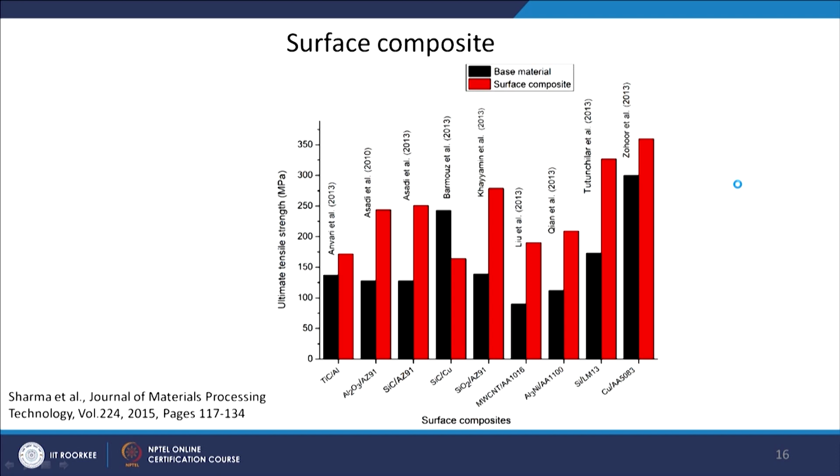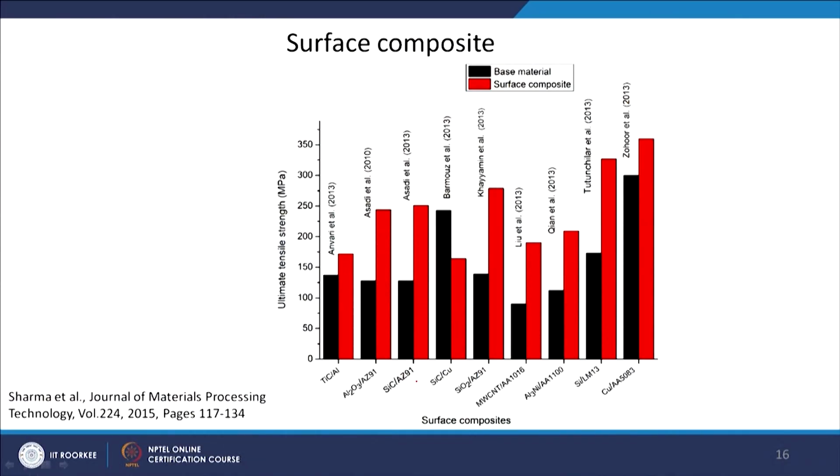This compares, from a review paper, different combinations of matrix material and ceramic particles, and what kind of strength you will be able to achieve. The black one is showing the base material and the red one is showing the surface composite. So there is a very good increase in the strength of the material when you make a surface composite. And there are different sets of materials.